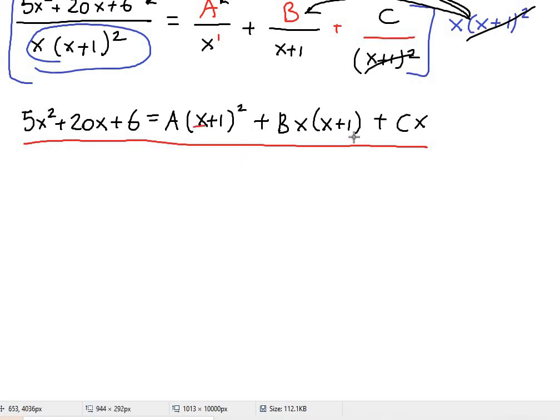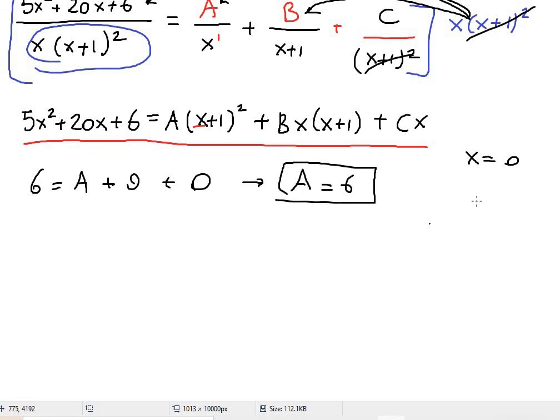Here, now we can give some values for x arbitrarily. So here, let's pick x as 0. If x is 0, then on the left hand side we're going to be left with 6, because 5 times 0 squared plus 20 times 0 plus 6. And here 0 plus 1 is 1, 1 squared is 1, 1 times a is a, plus this is going to be 0, and that is going to be 0. So here a is equal to 6. We solved for a.